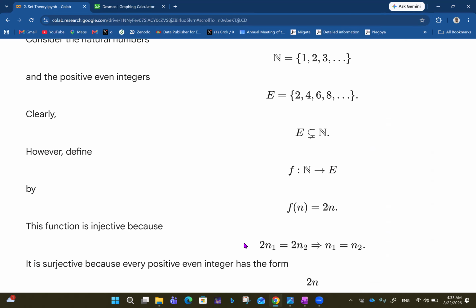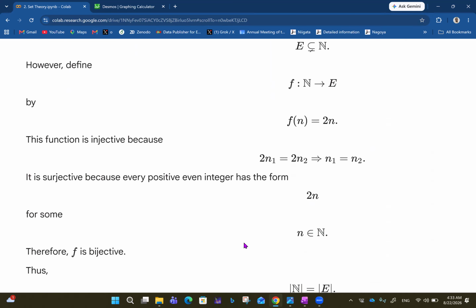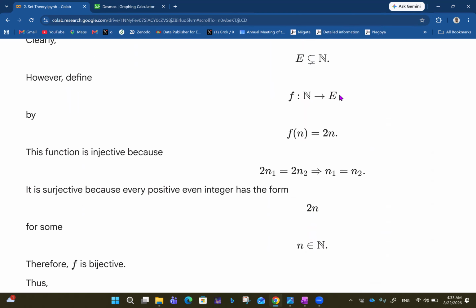However, we define a function f which maps natural numbers to even numbers by f(n) = 2n. This function is injective because 2n1 equal to 2n2 implies n1 is equal to n2. And it is surjective at the same time because every positive even integer has the form 2n for some n belonging to N. Therefore f is bijective.